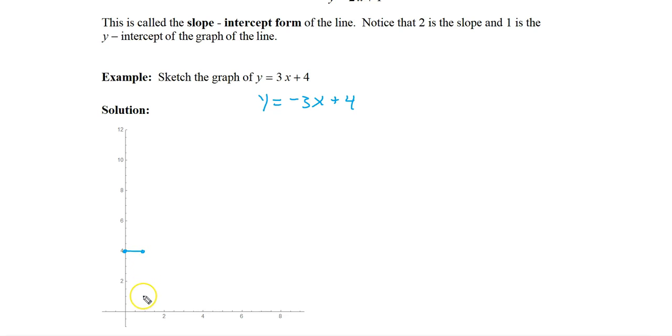So we would have to go down to here and then just connect those 2 dots with a straight line. And so that would be a rough sketch of the equation of our line. So notice if we go over 1, we would have to go down 3 because our slope here is negative in this case.